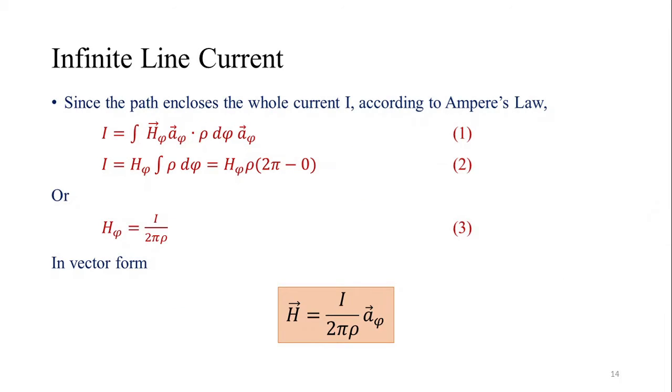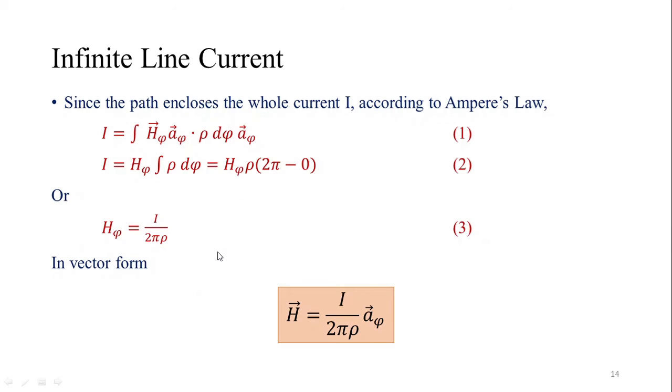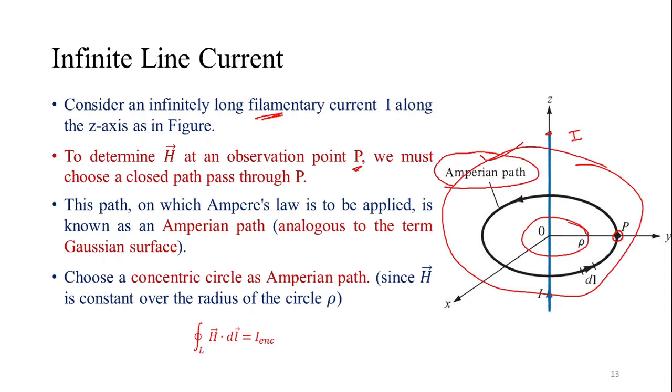Since the path encloses the whole current I, according to Ampere's law, I is equal to the closed integral of H dot dl. Here we need to find the dl quantity and the H quantity.